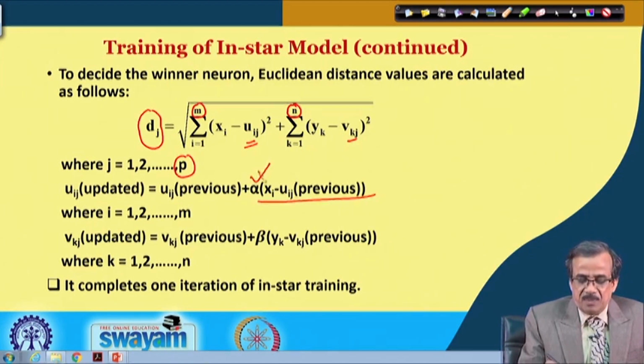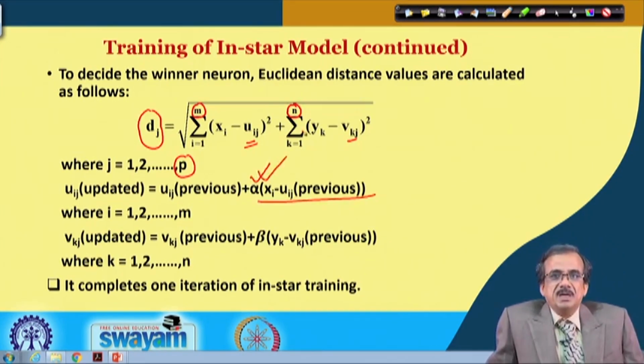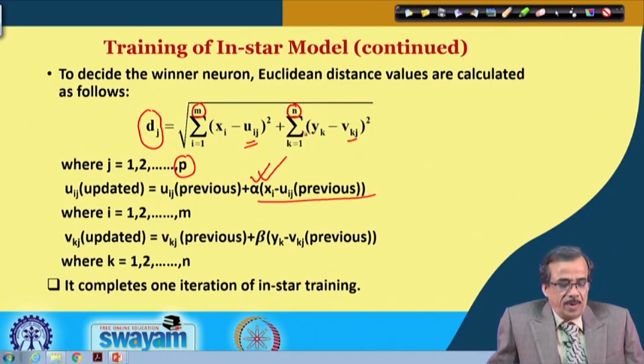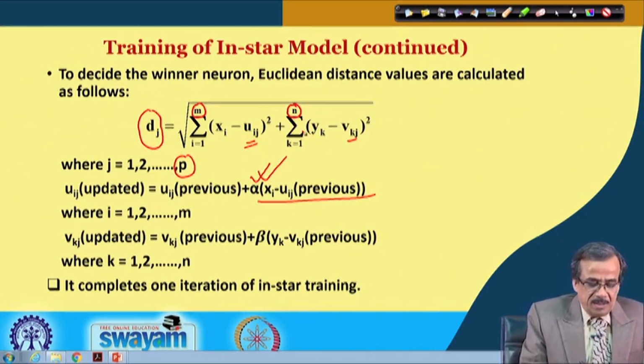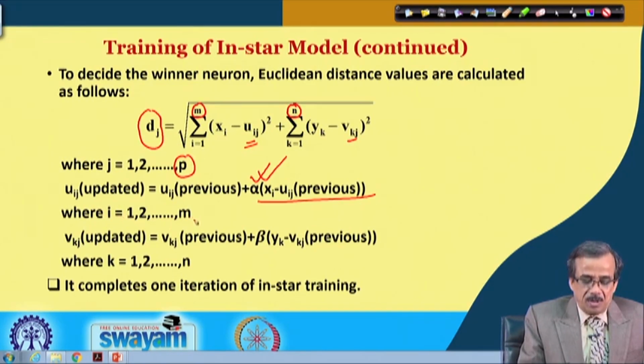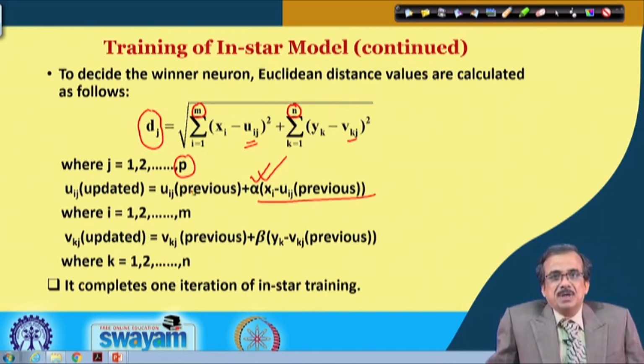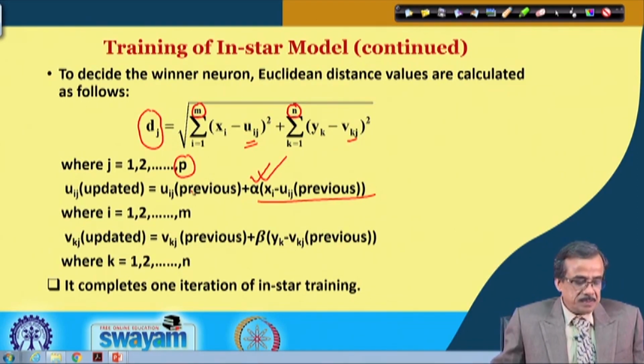Now, here this alpha is nothing but the learning rate lying in the range of 0 to 1. Here i goes from 1 up to small m, and as I have already mentioned, the small m is nothing but the number of x inputs.